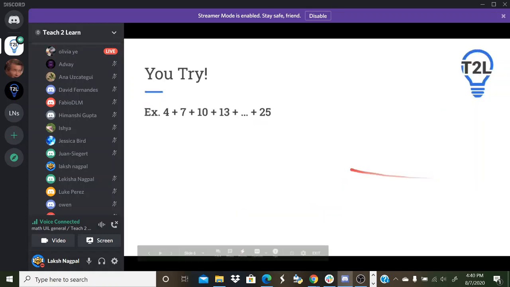More examples. So now try adding up from 4 to 25 with intervals of 3. I'm going to set a timer for a minute, and then once the timer goes off.